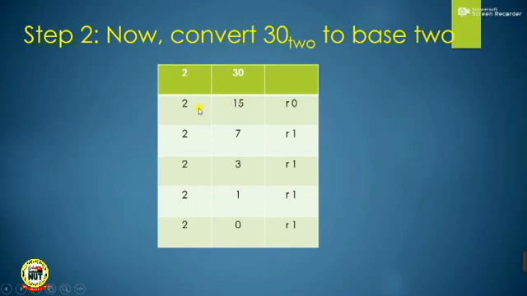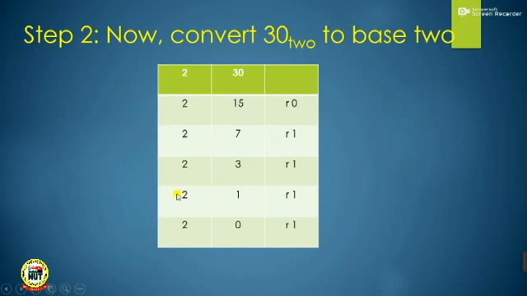Then 15 divided by 2 gives us 7, remainder 1. Now 7 divided by 2 will give us 3, remainder 1. 3 divided by 2 gives us 1, and there will be a remainder of 1.